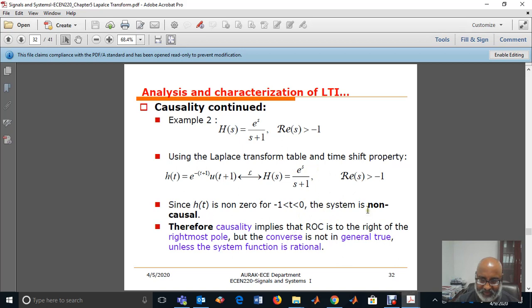Okay, this is what it means. So if I see this system, its region of convergence is to the right of the rightmost pole, which is greater than -1, but it is not causal. So a causal system has its region of convergence to the right of the rightmost pole, but a system with a region of convergence to the right of the rightmost pole is not necessarily a causal system.